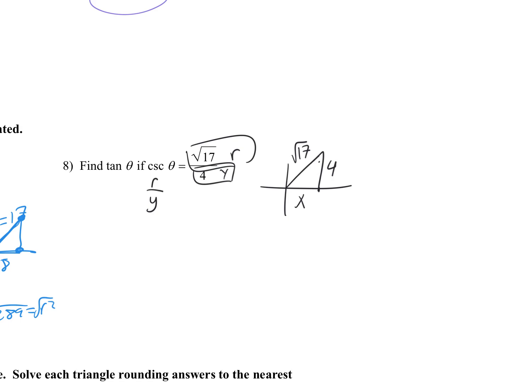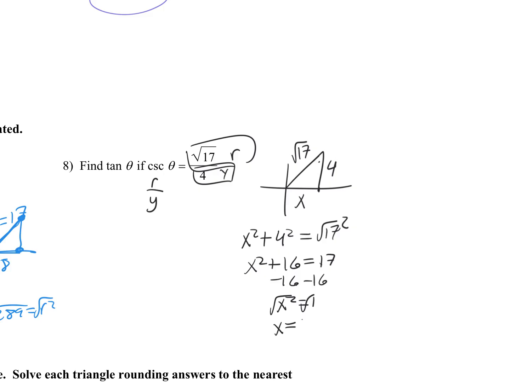To figure out what x is, we can use Pythagorean theorem. x squared plus y squared equals r squared. So I get x squared plus 4 squared equals the square root of 17 squared. So then I get x squared plus 16 equals 17. Subtract 16 on both sides. I get x squared equals 1, and that would make x 1. Once again, I wasn't given any restrictions, so it could be in the first or second quadrant.